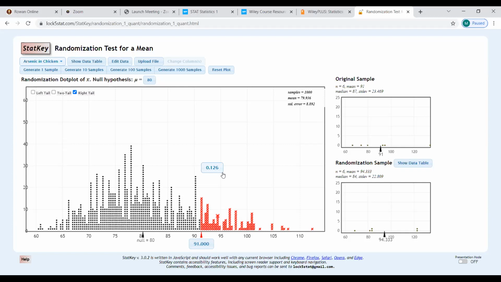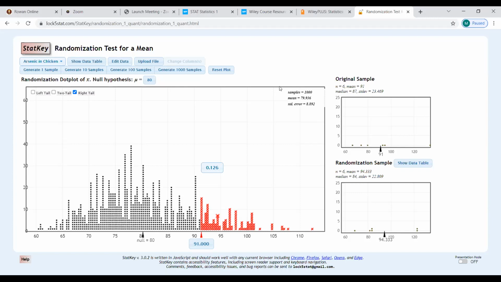So in this case, most likely we would say something like, it's not statistically significant. There's not enough evidence to reject the null hypothesis, right? And therefore we would not necessarily say to the supplier, hey, you supply too much arsenic, we're not going to work with you anymore.